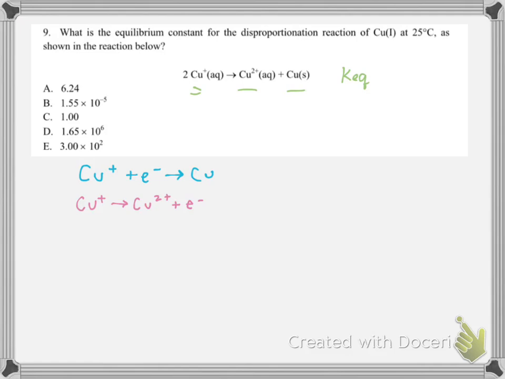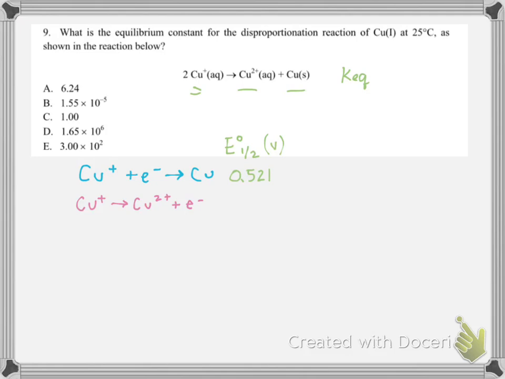Okay, so I've written those two half reactions, and we can use the table of potentials, which you all have out right next to you right now, to figure out what the standard reduction potentials are, or the standard potentials. So if you just look at the table for this copper reduction, you want to pick the right one, but it's 0.521 volts.